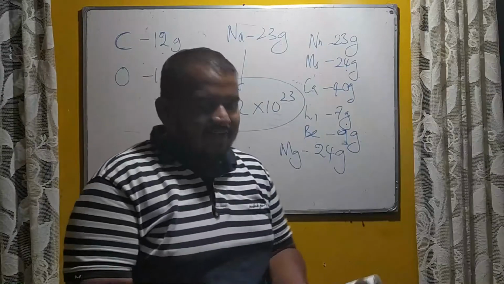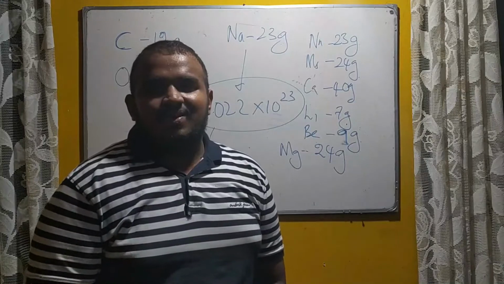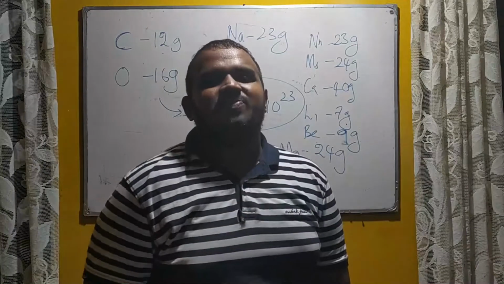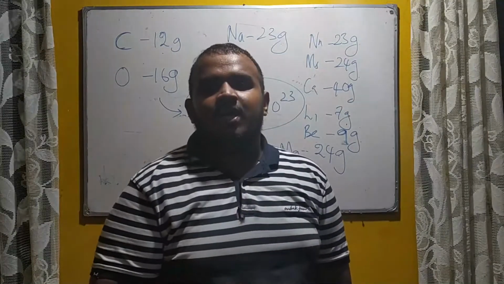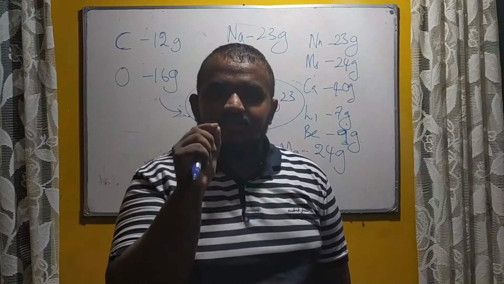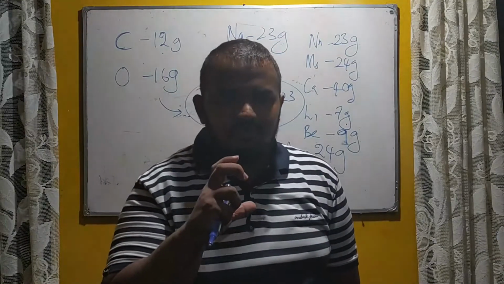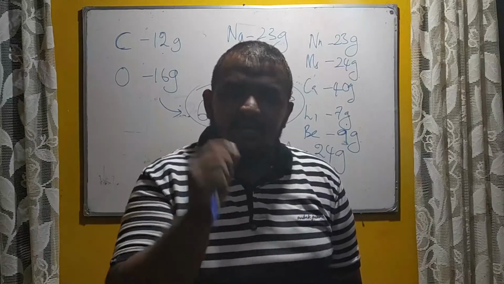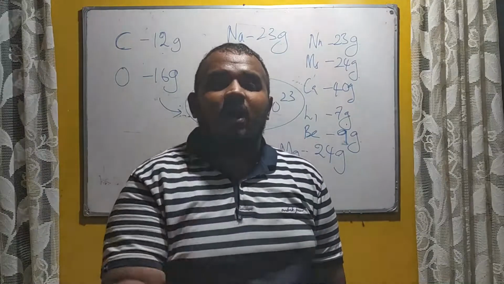This is the very confusing point where you confuse yourself. For example, if I ask you how many carbon atoms are there in 12 grams of carbon, understand the question, this is one of the most important questions.